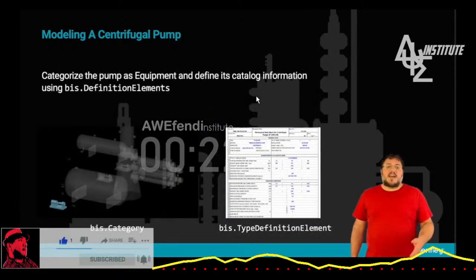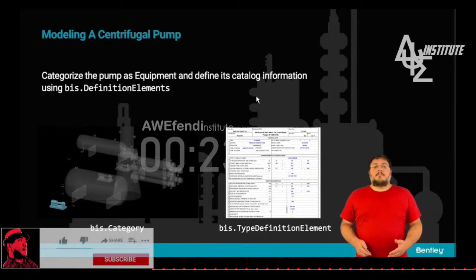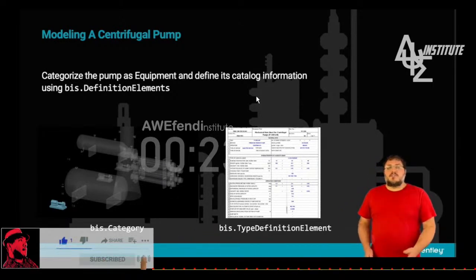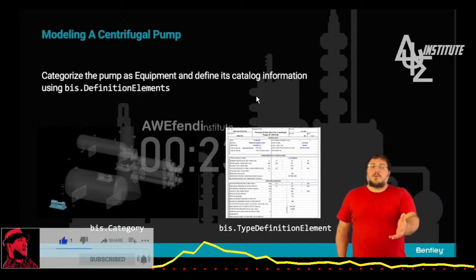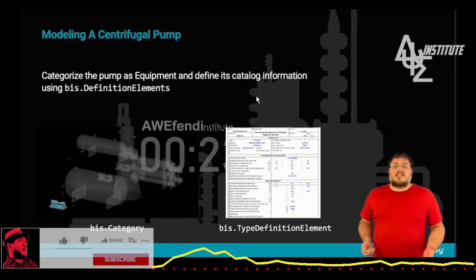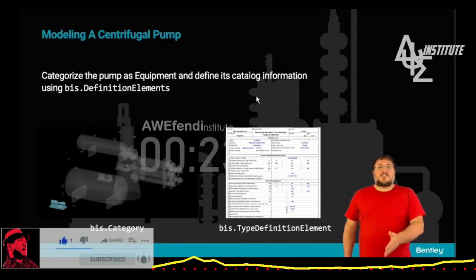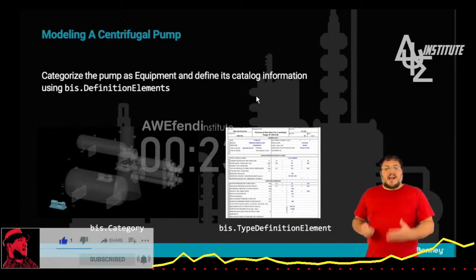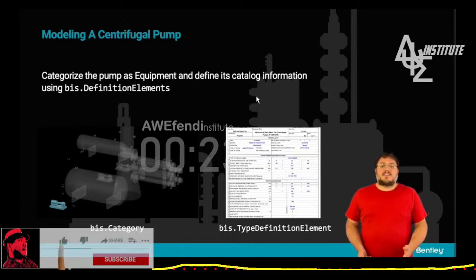Now, in addition to that, there's other things that get connected to the elements. One would be the category. So this pump is in an equipment category, and I can easily and quickly see all the other equipment that's in the plant. It's also going to have a type definition. This type definition element points back to the actual catalog item for the real manufactured pump that's going to be placed in that plant.